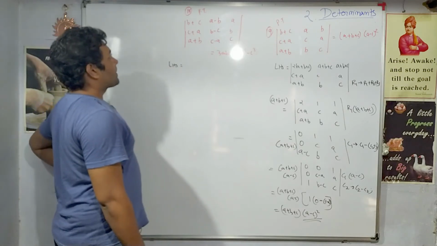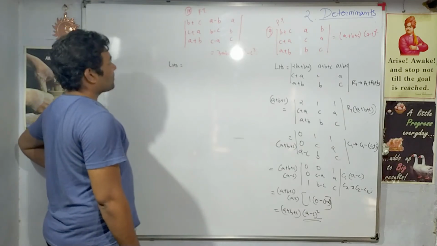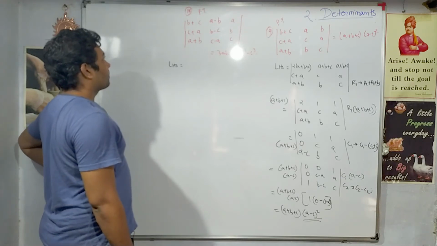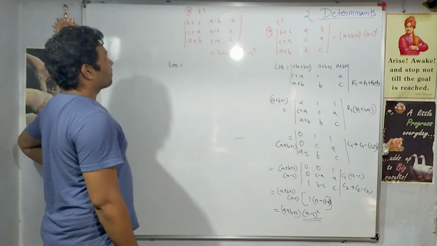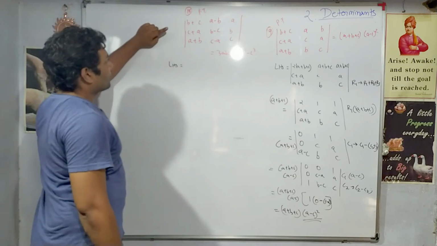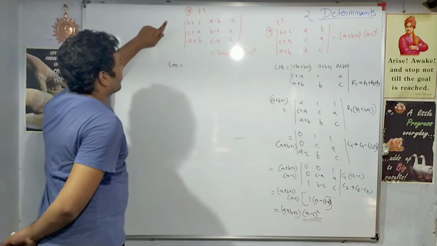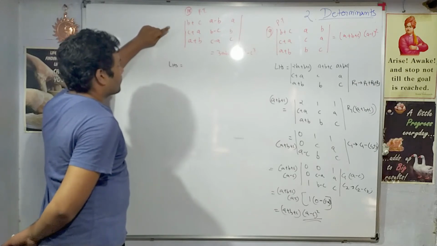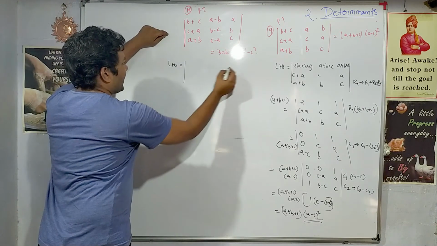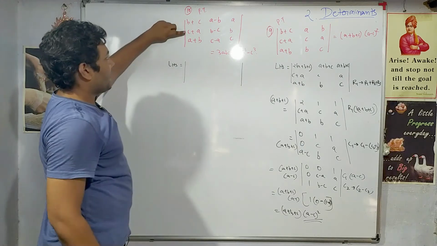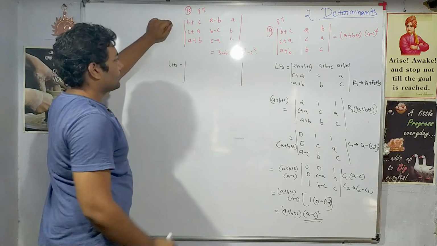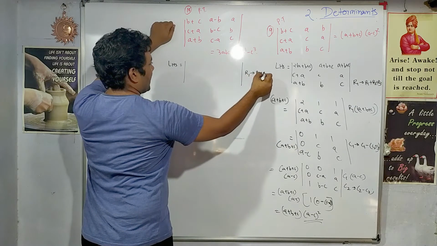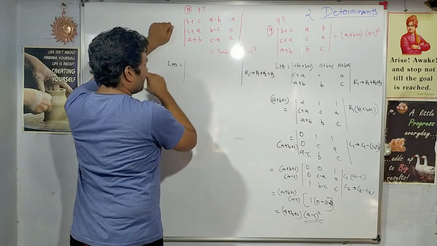So one operation which I can visualize is if I add the second row and third row into the first one. So the operation will be on the first row, that will be r1 plus r2 plus r3.